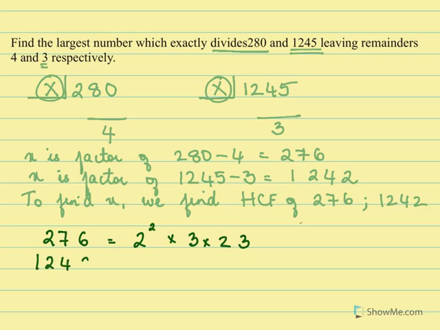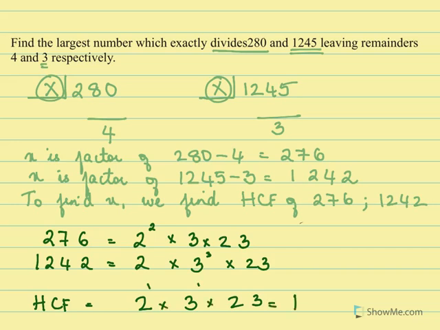Then you have 1242 prime factorization, 2 into 3 cube into 23. When we find HCF, we write the common factors. The common factors here are 2, 3 and 23, all raised to the lowest power 1. That is 138. So the answer is 138.